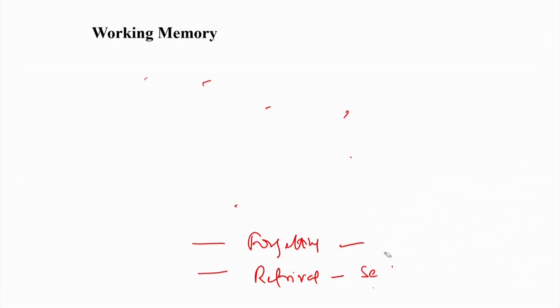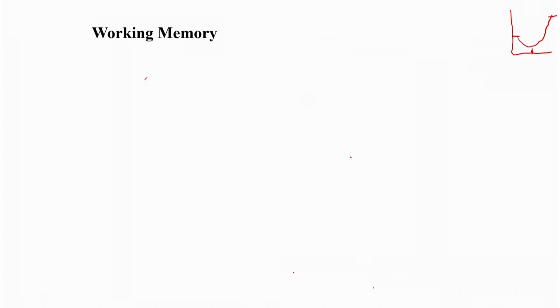In my first definition of the short-term store, I explained that there is something called the serial position effect. A list of items is given to you and you are asked to remember. Items at the beginning and items at the end of the list are remembered more than items in the middle, and these are called the primacy and recency effects.